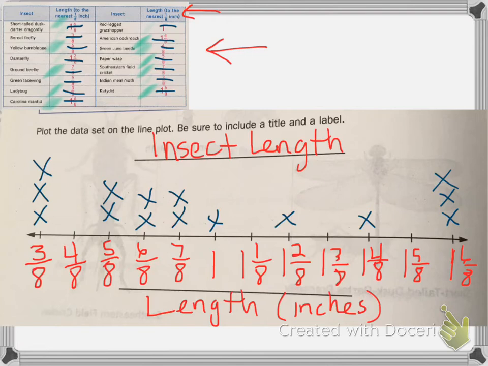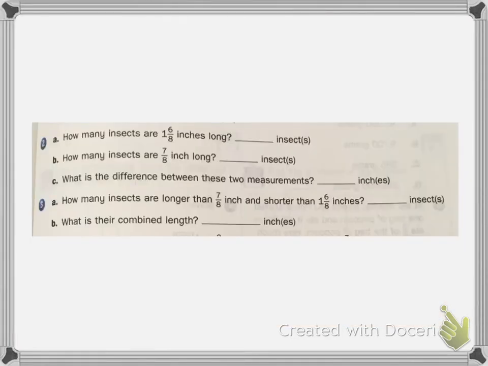Now we're going to look at just a few of the questions on that next page, page 267, on how to answer these. Let's take a look at numbers 2 and 3. Let's start with number 2. How many insects are 1 and 6/8 inches long?